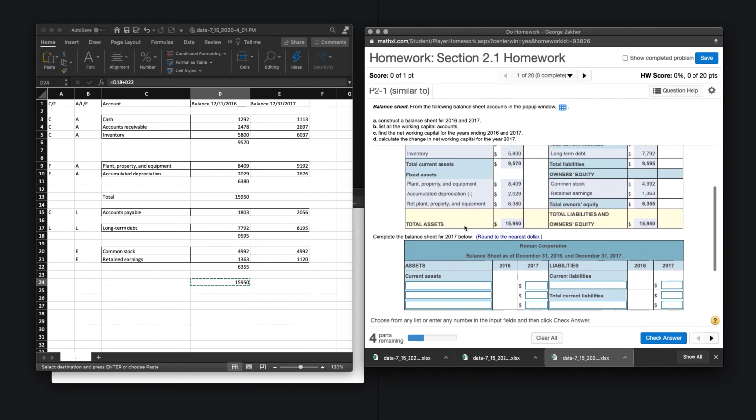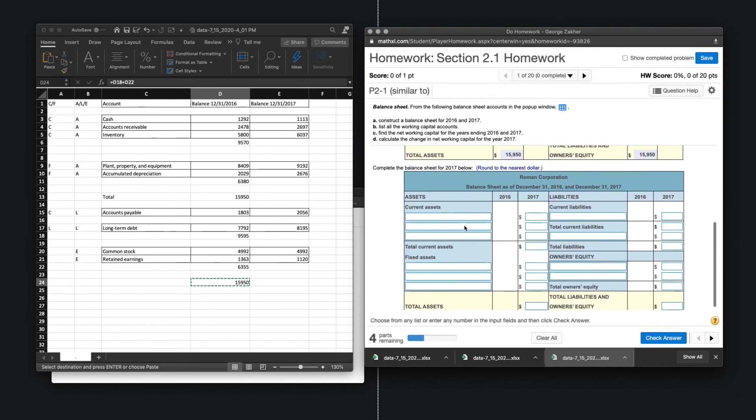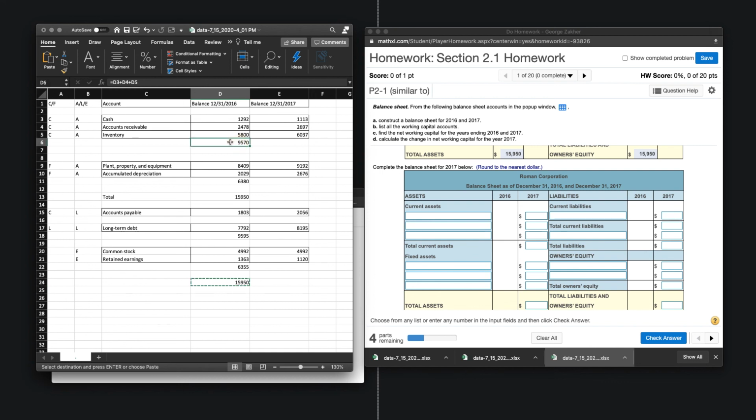Looks like it does. Oh, look how much easier it is to complete 2017.